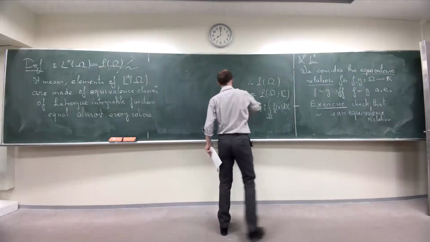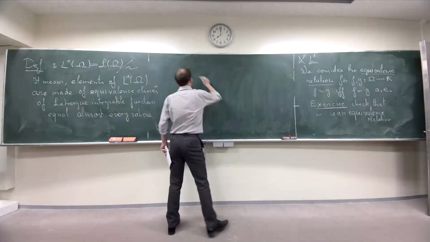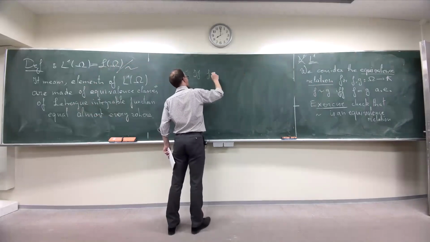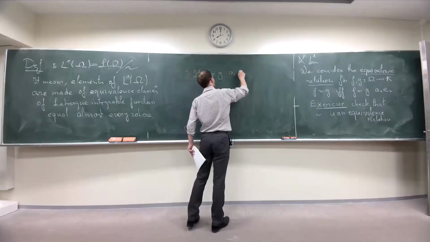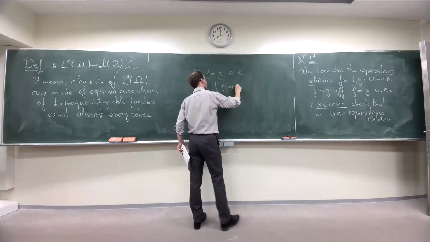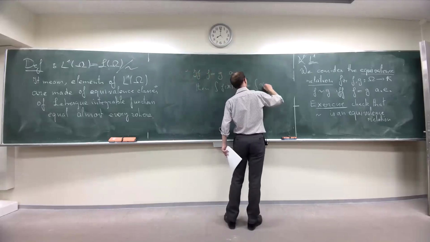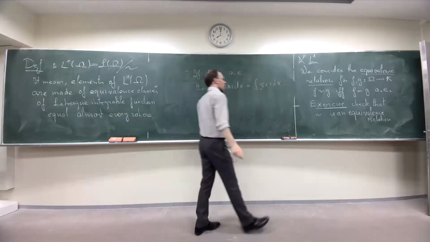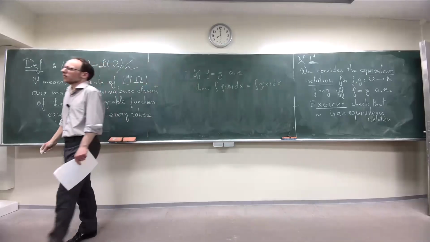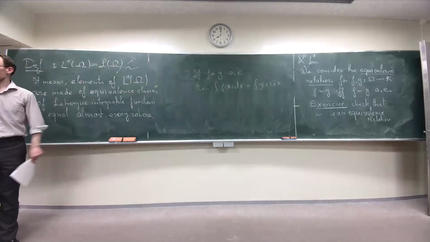If f is equal to g almost everywhere, then the integral of f of x dx, now I can do it on omega, is equal to the integral of g of x dx. So because of this result, I don't want to see the difference between f and g. As long as they are equal almost everywhere, I put them together. So this is this notion.